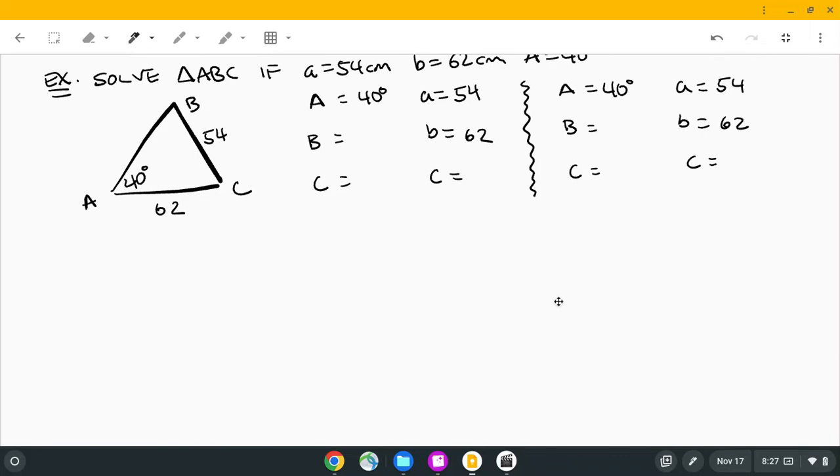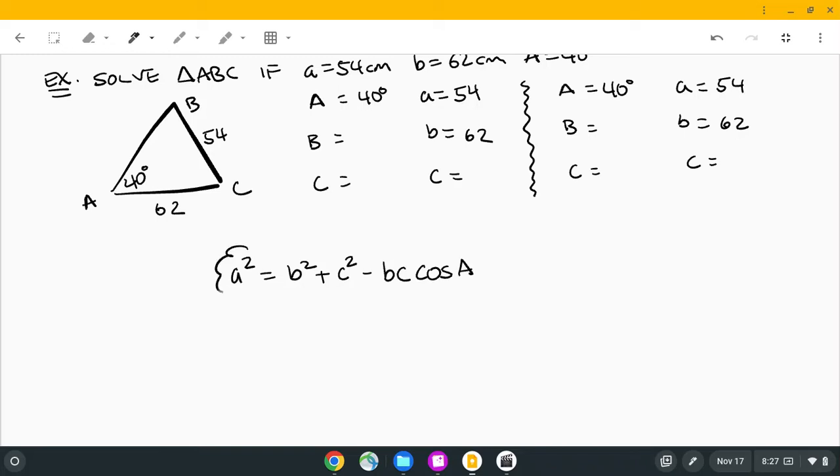Okay, so let's go ahead and find this missing side here. Okay, so here, let's just set this up. We already know we're going to use law of cosines, and we have angle 40 and little a, angle A and little a. Okay, so that means that we are going to be using this version of law of cosines.